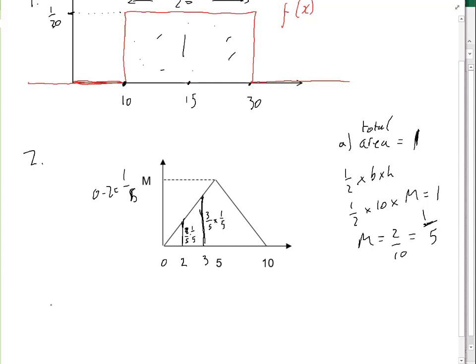So parallelogram: the probability that x is between 2 and 3 is equal to the area of the parallelogram.